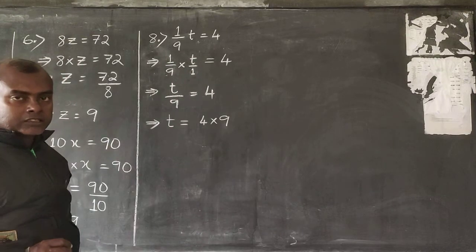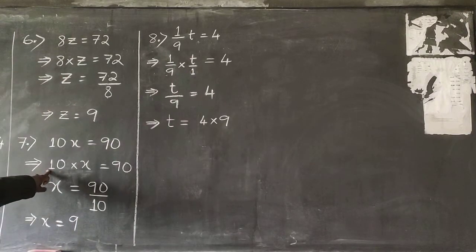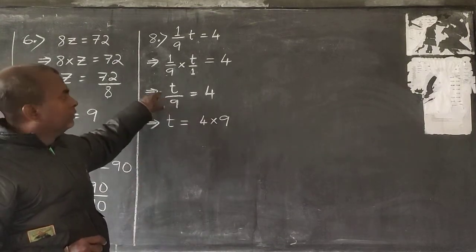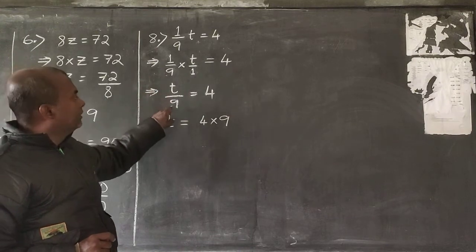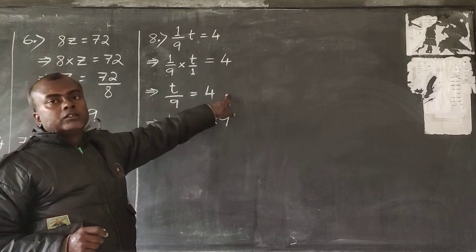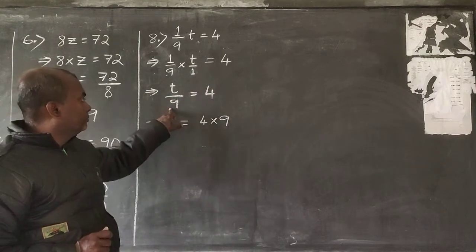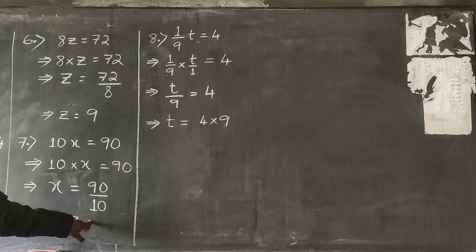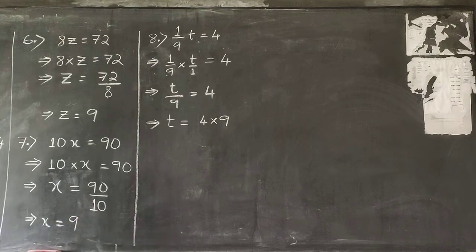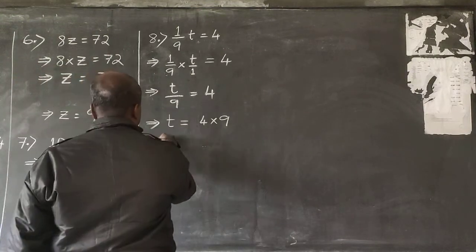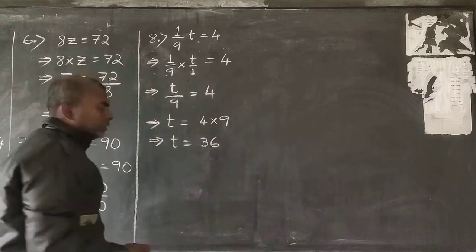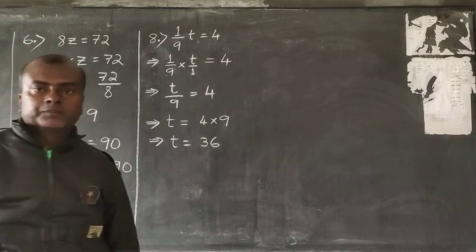Please understand this. For multiplication, to isolate the variable, the number goes in the denominator. For division, for isolating the variable, the number goes to the numerator. From denominator position to numerator. Here, from numerator position to denominator position. Okay, now let's calculate t value. 9 4 is 36. So t value is 36.